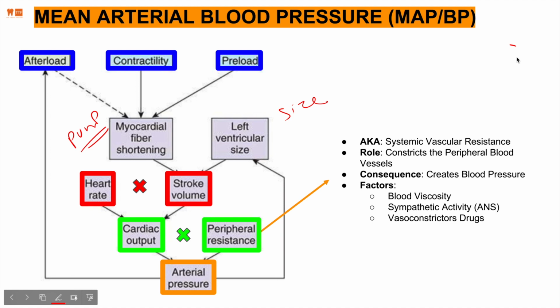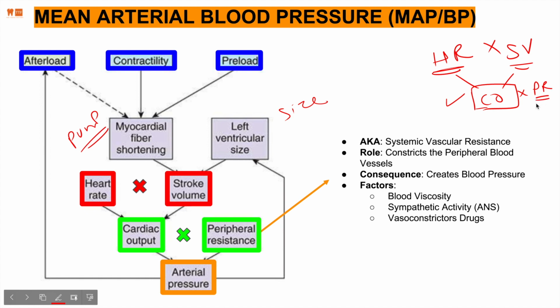Okay, so now we have stroke volume. And, of course, heart rate is produced when we measure it. When you multiply the two, you get cardiac output. Cardiac output is basically just how much the heart has poured out into the peripheral system, but the peripheral resistance, or PVR, is how much the arteries are willing to resist while flowing the blood, causing a value that comes out as BP.